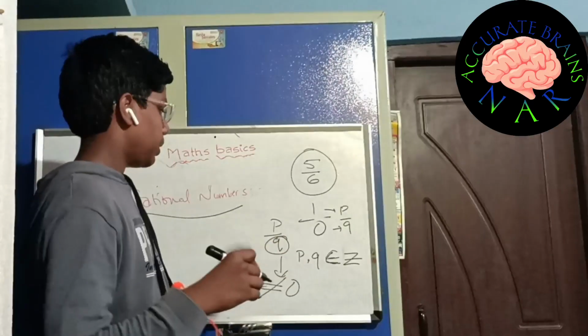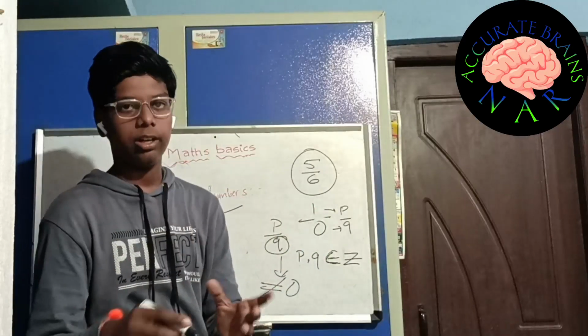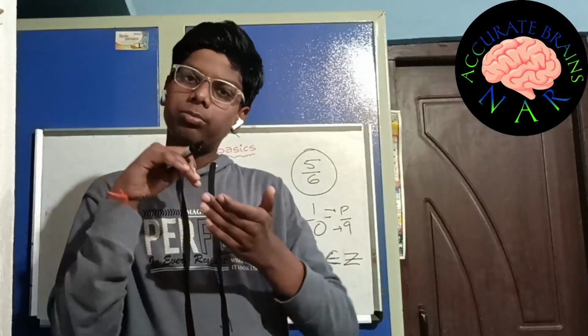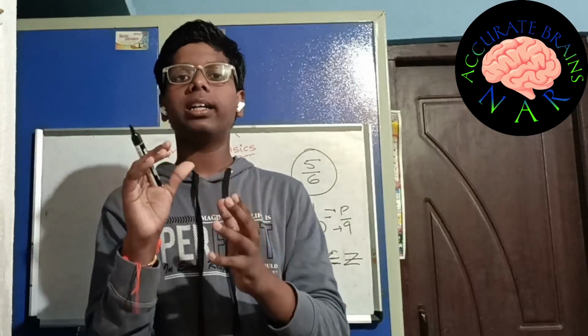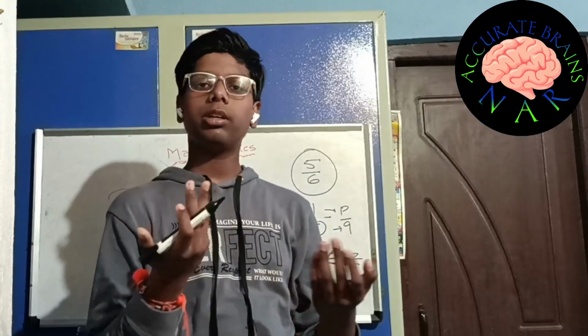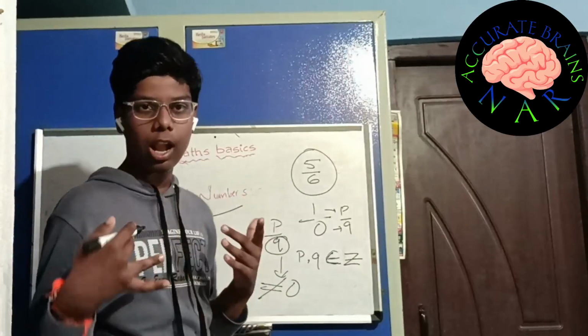Fraction means the form of p by q, where p and q can be any integers. So 1 by 0 is a fraction but not a rational number.